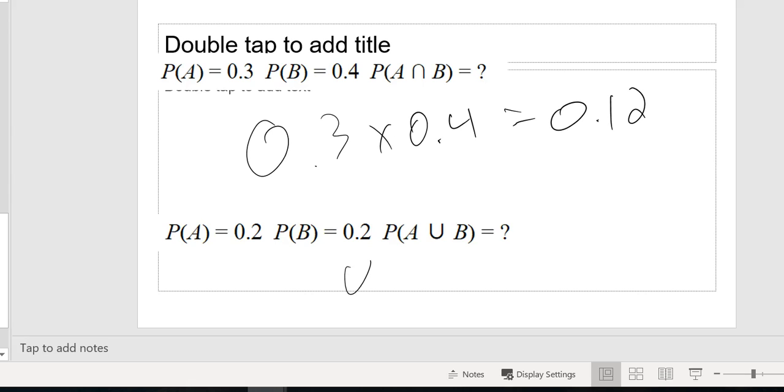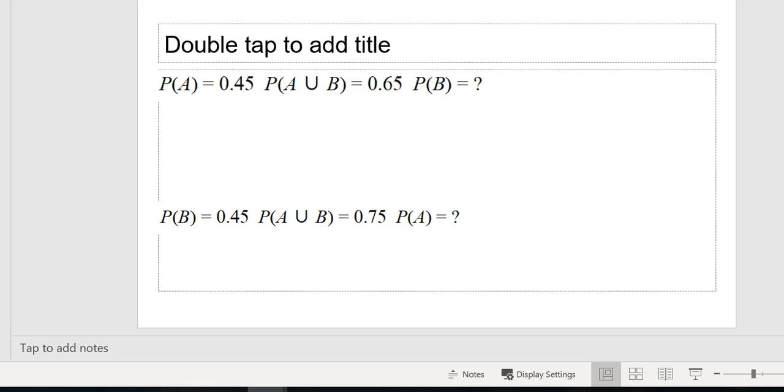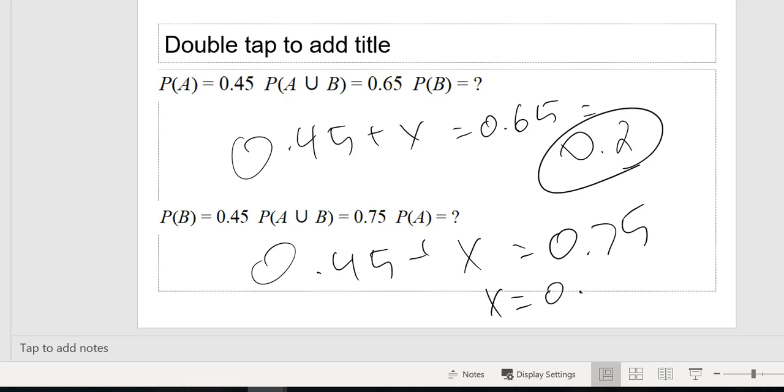This one's the union, so I add. Now we'll go backwards: 0.45 plus x equals 0.65, and that's 0.2. 0.45 plus something equals 0.75, so x equals 0.3. And we're all done. Very simple. Either add or multiply.